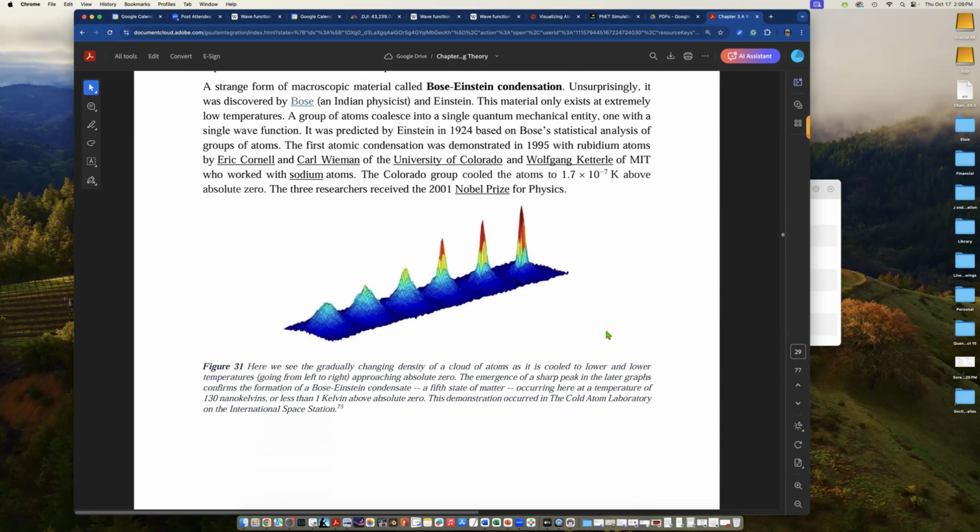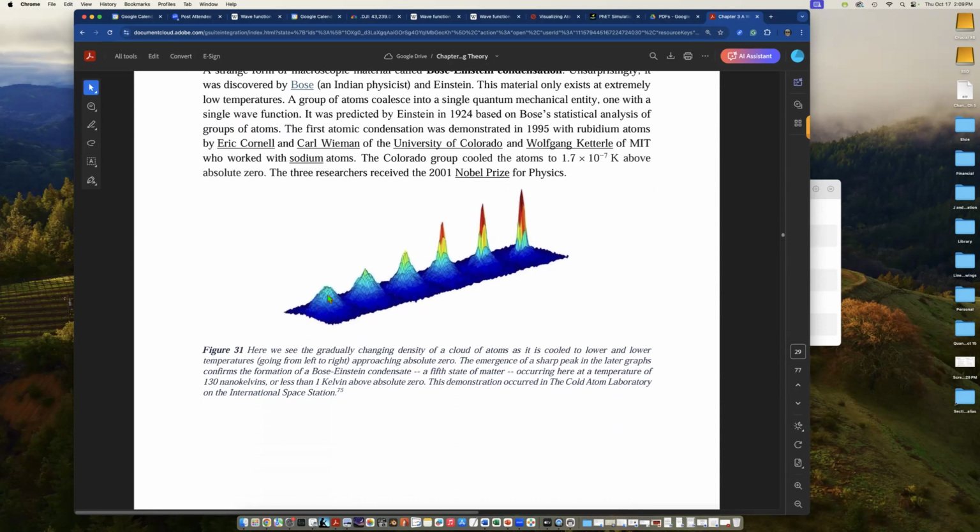Here we see a depiction of this, a group of atoms chilled, gradually getting more and more like a single quantum entity. The University of Colorado's Eric Cornell and Wieman, and MIT's Ketterle, produced what is called Bose-Einstein condensation. This was predicted back in the 1920s.